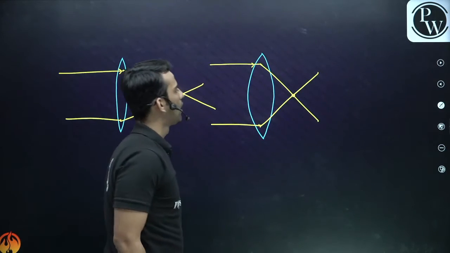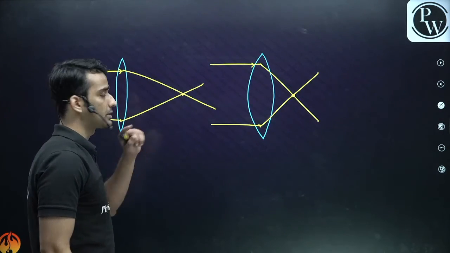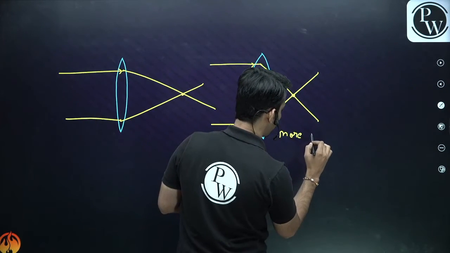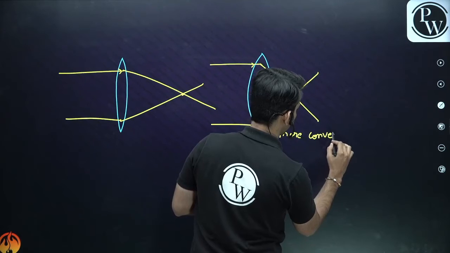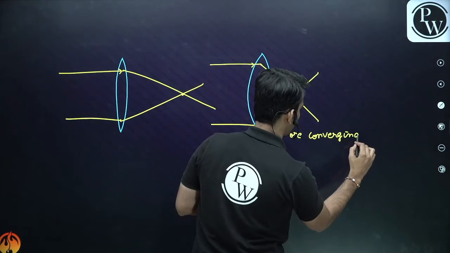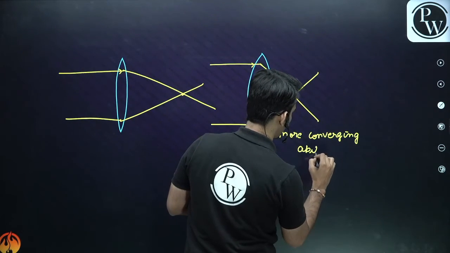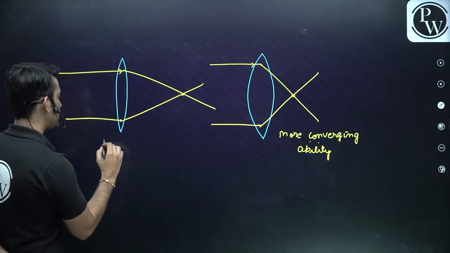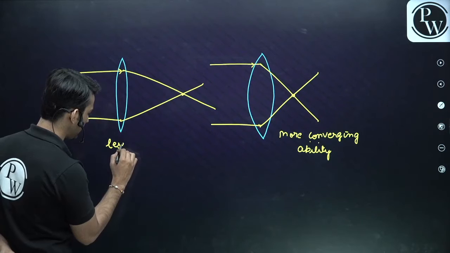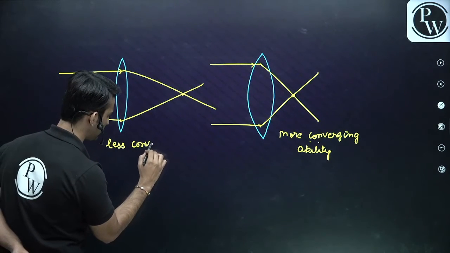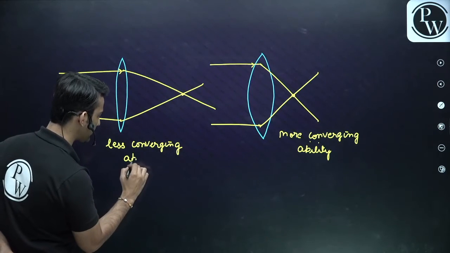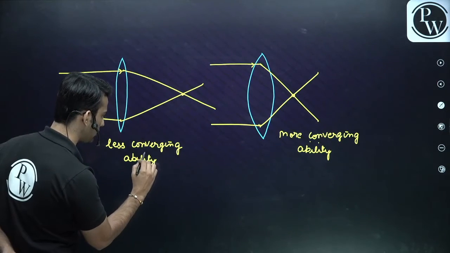Right? So guys, what do you see? This lens has more converging ability, isn't it? It converges the rays more, but this lens has comparatively less converging ability, or diverging ability in case of concave lens.